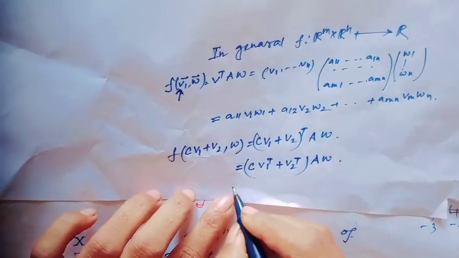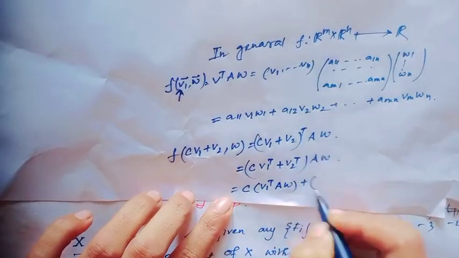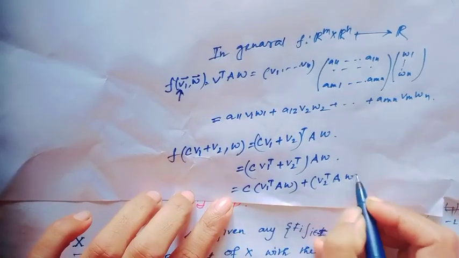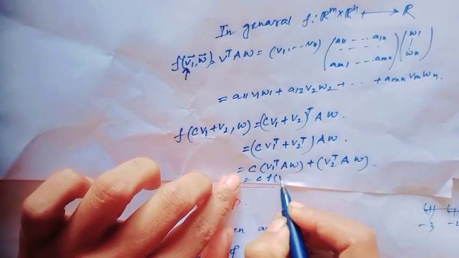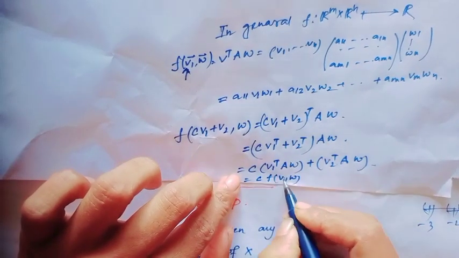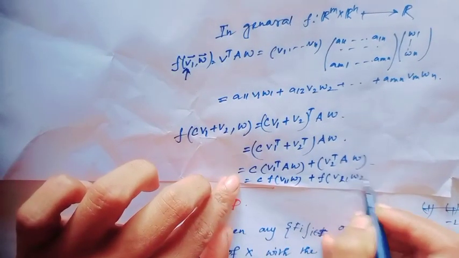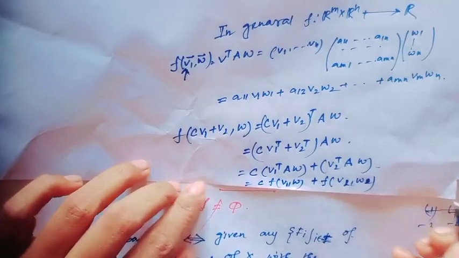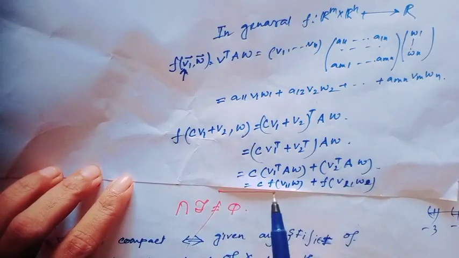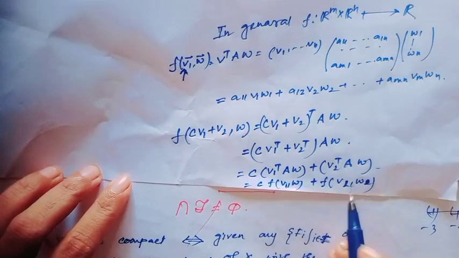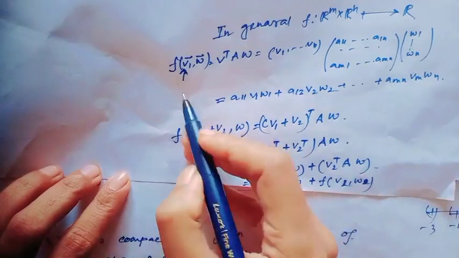That means this would be c times v1 transpose AW plus v2 transpose AW, and this is actually c times f of v1w plus f of v2w. That means f of cv1 plus v2 comma w equals c times f of v1w plus f of v2w. So obviously this is linear in the first vector.